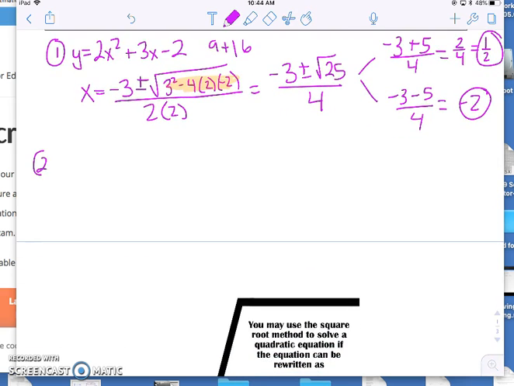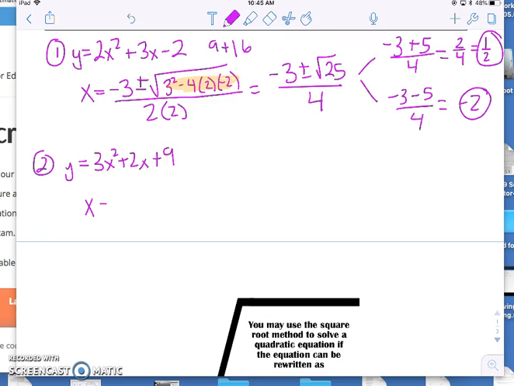So let's take a look at one more. Let's say we have y equals 3x squared plus 7x plus 9. Actually, I'm going to make this number a little easier: 3x squared plus 2x plus 9.